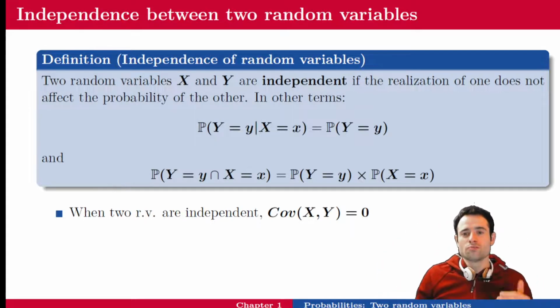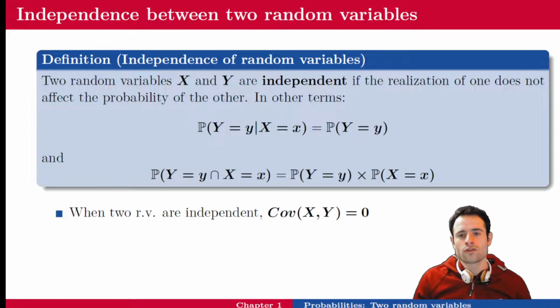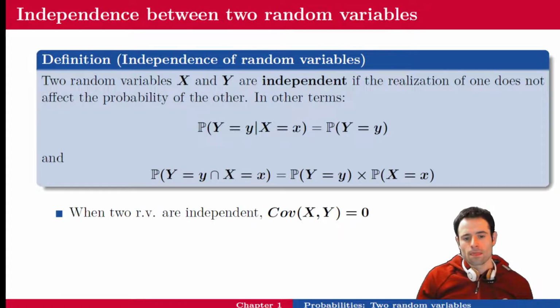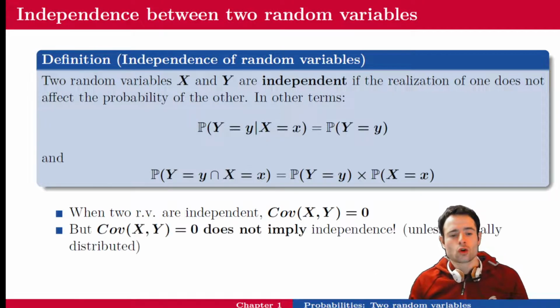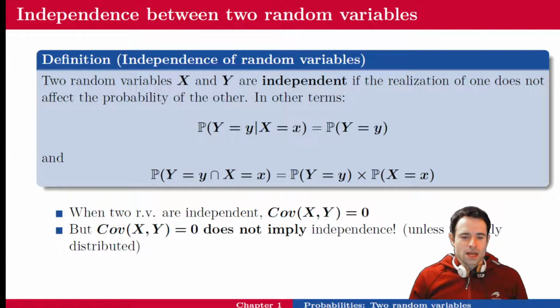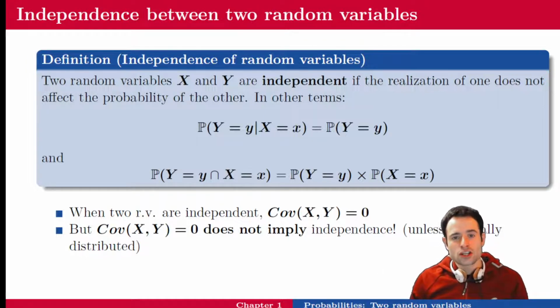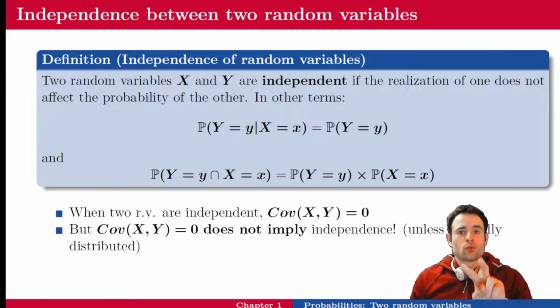So they do not move in any sort of coordinated or non-coordinated way. This also means that if the covariance is 0, the correlation will be 0. So when variables are independent, their correlation is equal to 0 and their covariance is equal to 0. But the reverse is not true.